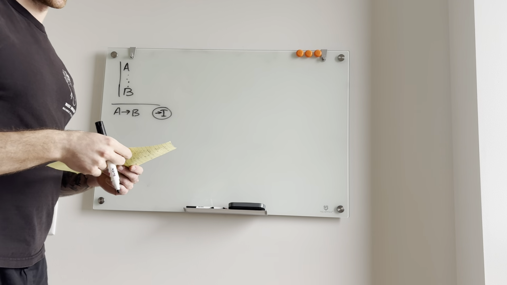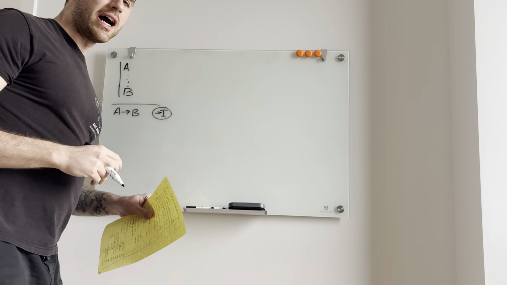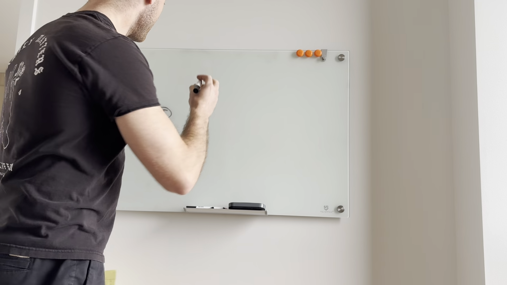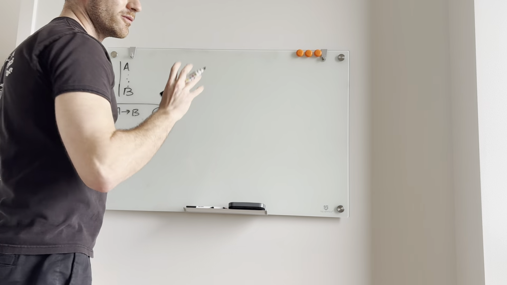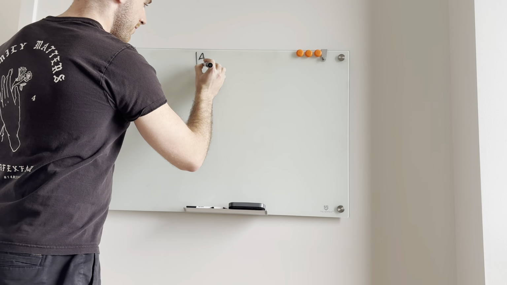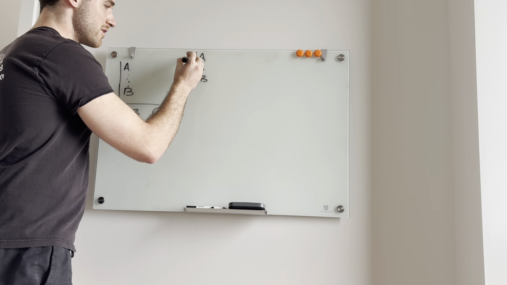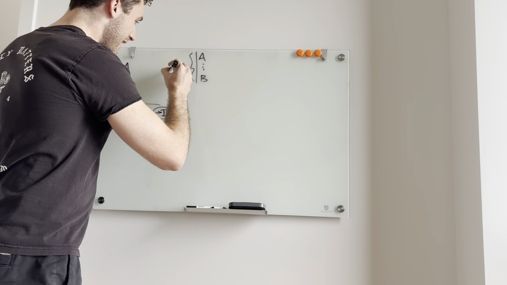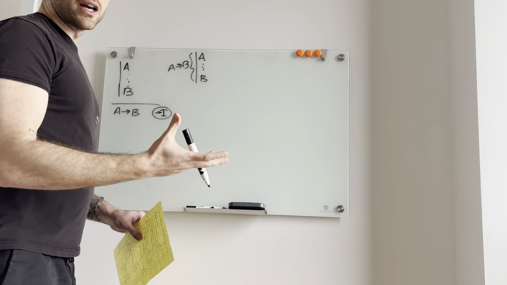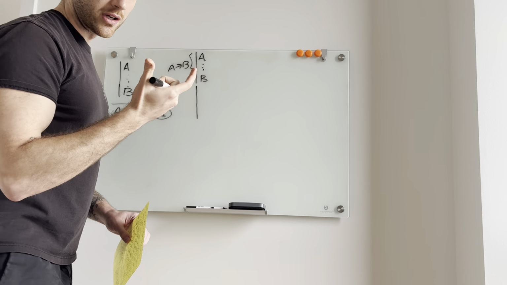Now what about a biconditional? Because we have that two-sided arrow too, right? To prove a biconditional, it's pretty much the exact same thing, but we need to do a little bit more work. So let's say we're trying to prove A double arrow B. What we have to do is assume A. We do a couple steps, we get B. Great, this proves, just like we just talked about, that A implies B. But if we want to show that the arrow goes both ways, we have to do the same thing the other way around.